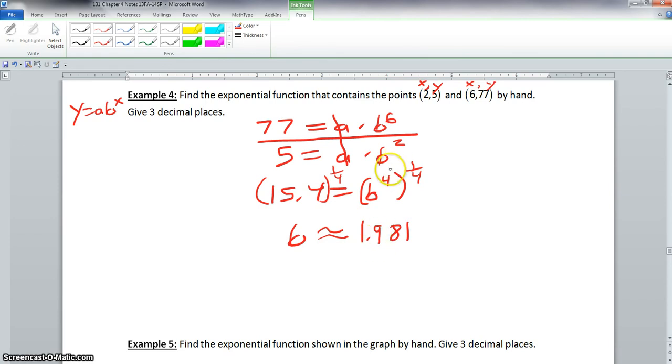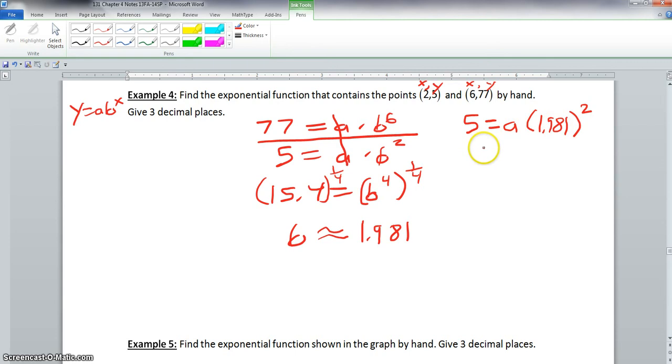Now we want to do our a. So what we could do is this here. We can take the smaller point, which is (2, 5), and we can substitute into the equation. So we have 5 is equal to, we don't know what a is, but we do know that b is 1.981, and we know our exponent would be 2.